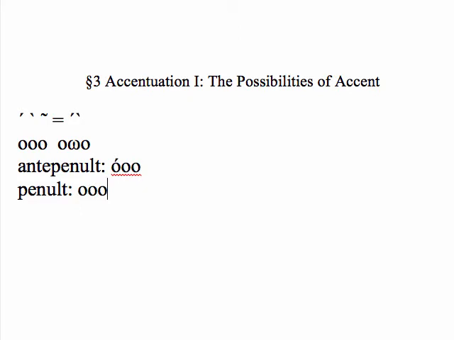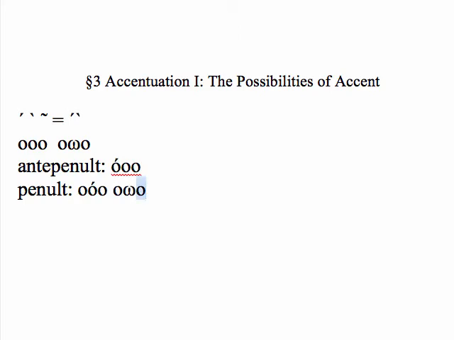There's my three-syllable word, okay? If my penult is short, again, only one thing is going to happen. It's going to be an acute on the penult. If it is long, however, so if I have this scenario, now I have two possibilities.